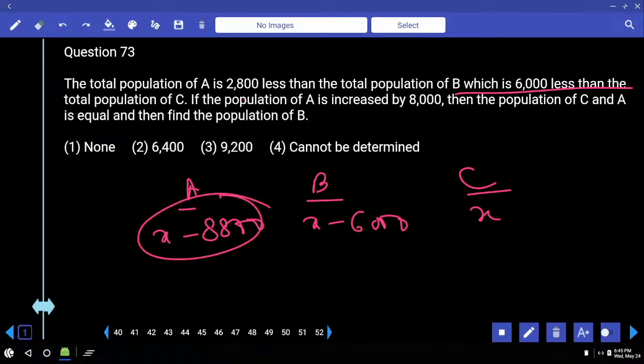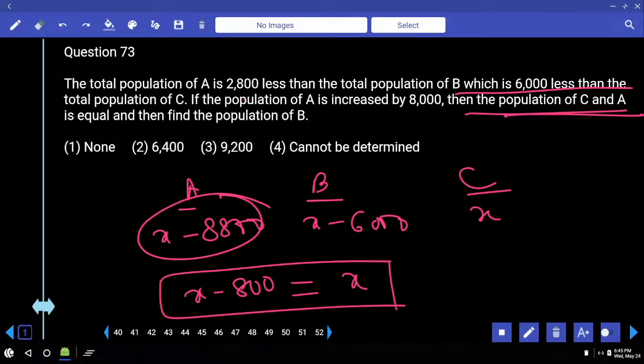If it is increased by 8000 it means x minus 800, which is equal. The population of C and A are equal. If it is like this, can we find the value of x? Can't be determined. Option 4.